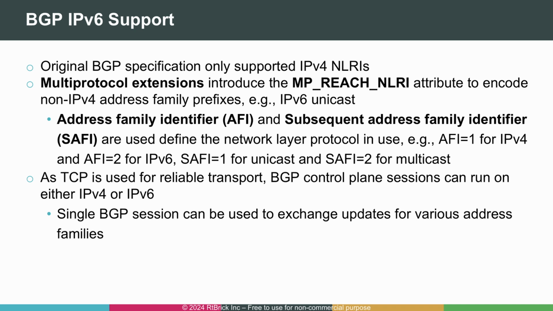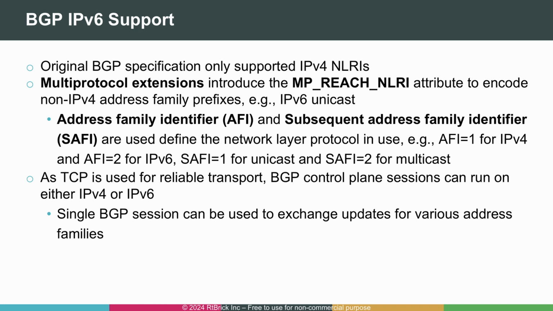The MPReachNLRI path attribute contains an AFI, which stands for Address Family Identifier, that specifies the network layer protocol being used, such as IPv4 or IPv6. It also contains a subsequent Address Family Identifier, SAFI, which distinguishes between different types of routes, such as unicast, multicast, or VPN routes. The combination of AFI and SAFI defines the semantics of the next hop field and the NLRI included in this path attribute.